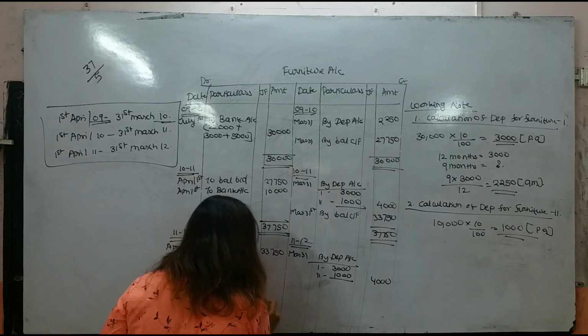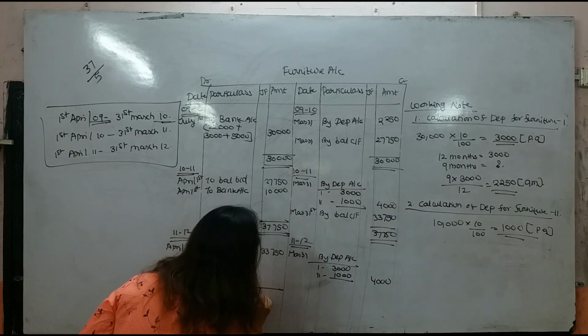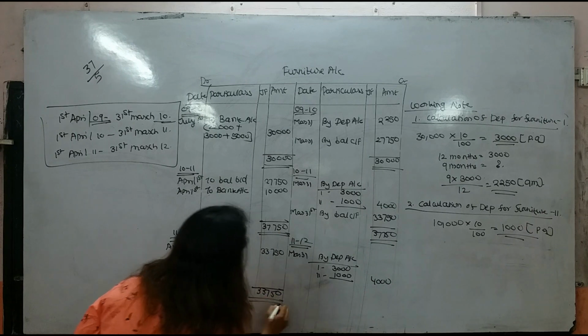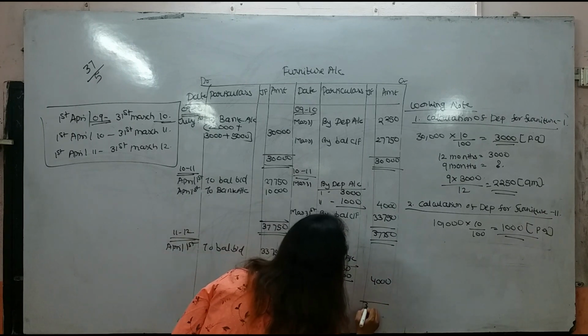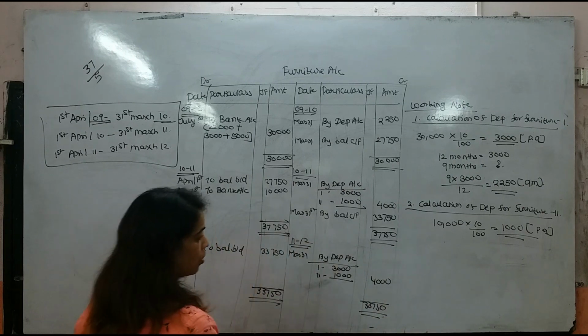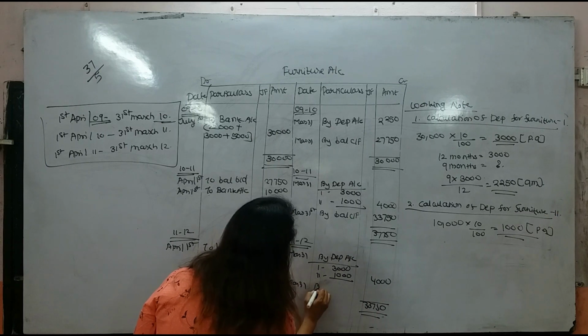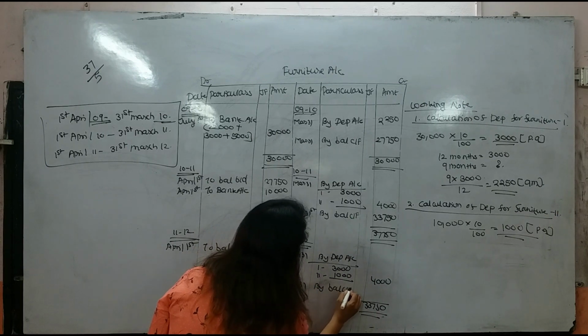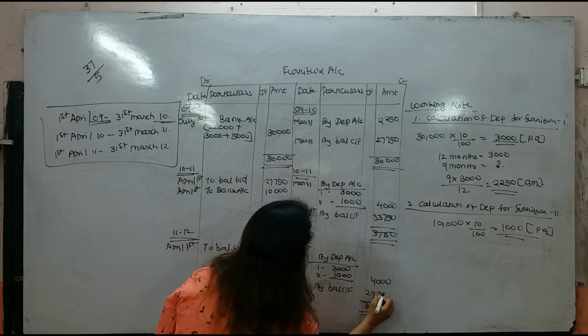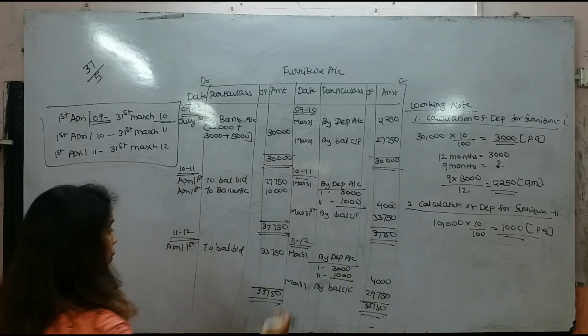See, now here at the beginning of the year, value of that furniture was 33,750. After using that furniture for a year, value will get depreciated by 4,000. So at the end of the year, value will become 29,750. Okay.